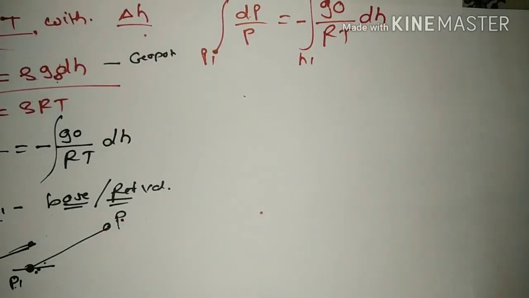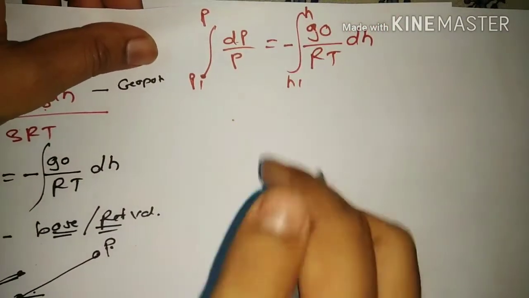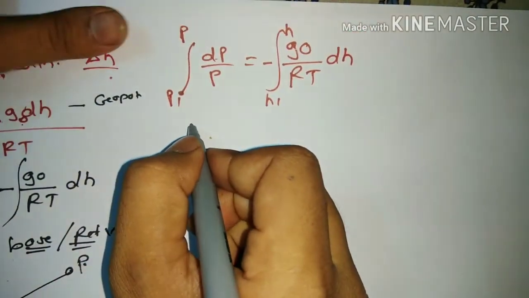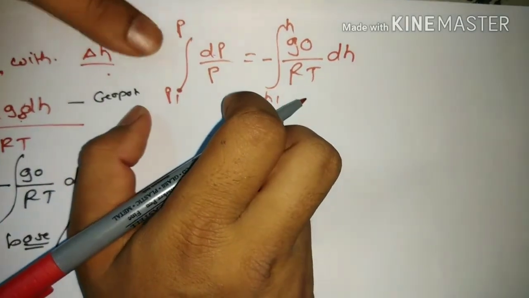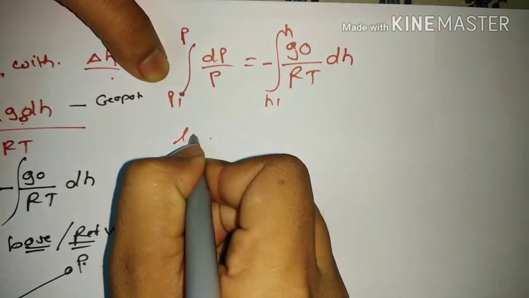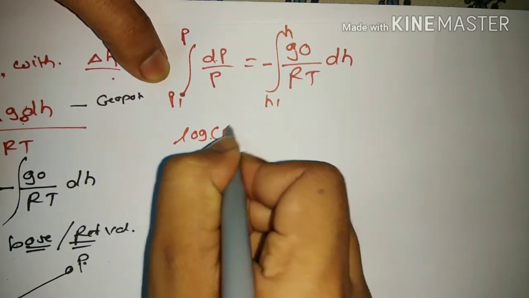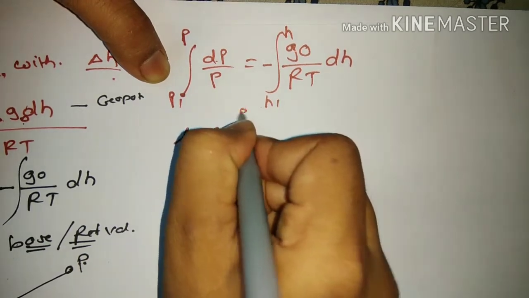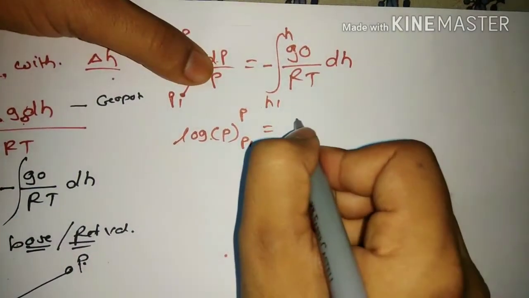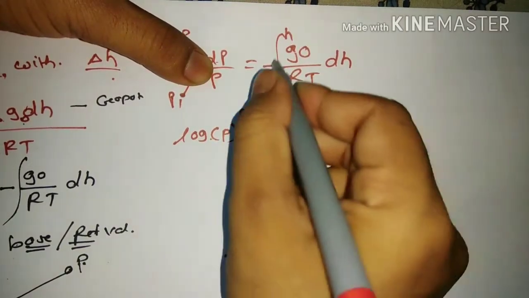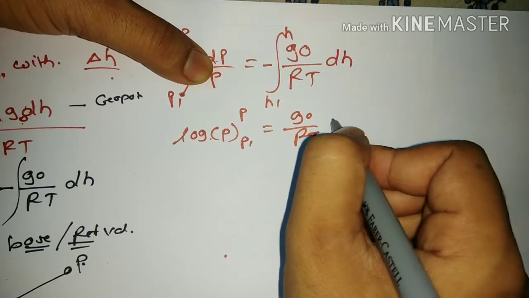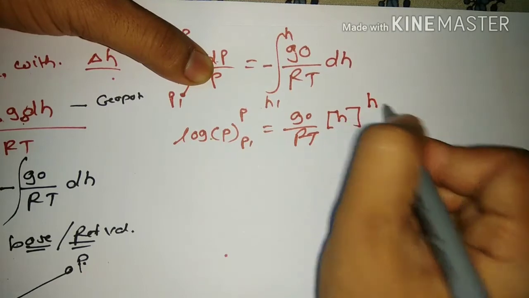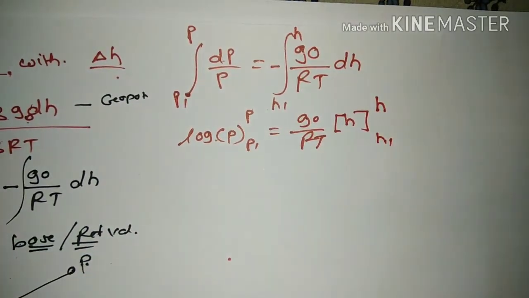After integrating, this answer is ln p, limit from p1 to p, is equal to g0 over RT is constant, and delta h will be from h1 to h.